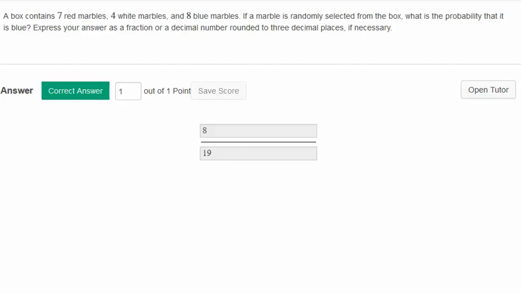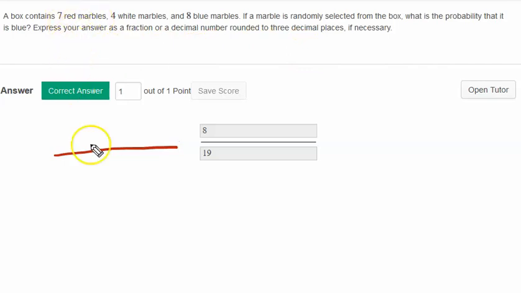So as we look at this one, we have a box that contains 7 red, 4 white, 8 blue marbles. If one is to be selected randomly, what is the probability that it would be blue? So for something like this, what is your sample space?